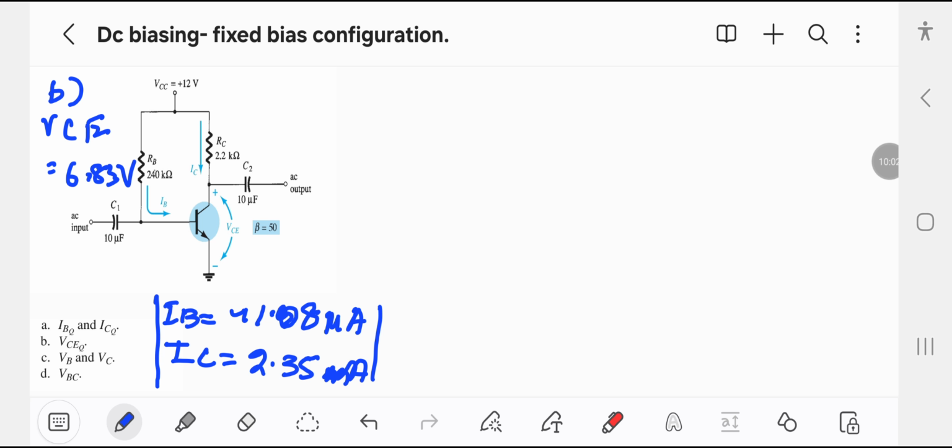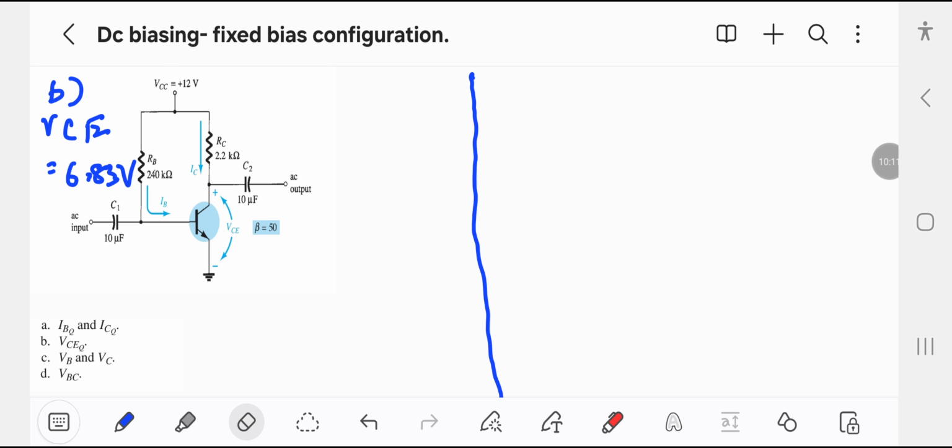Now the calculated value in the third case we put here. So let's put some partition and put all the values here.